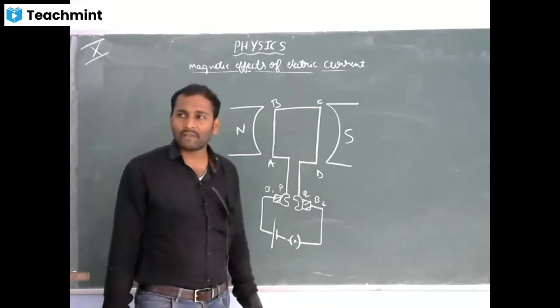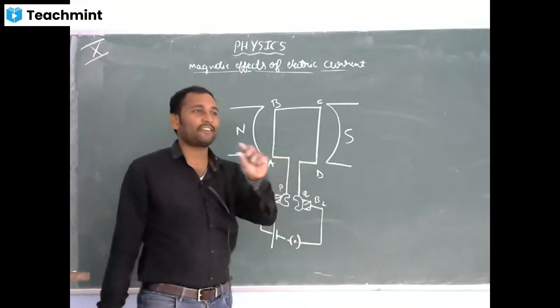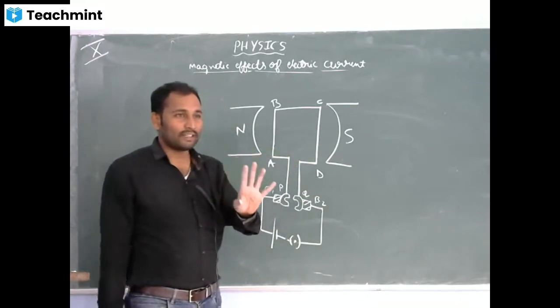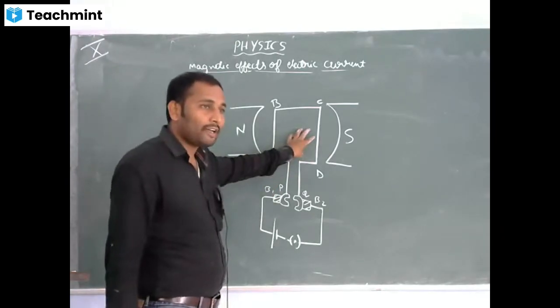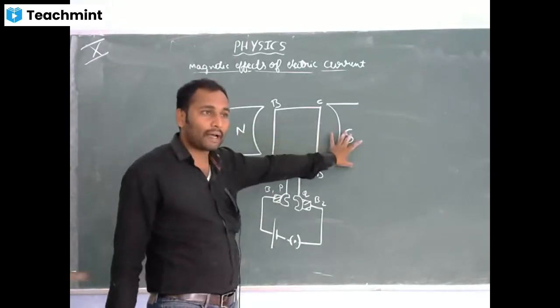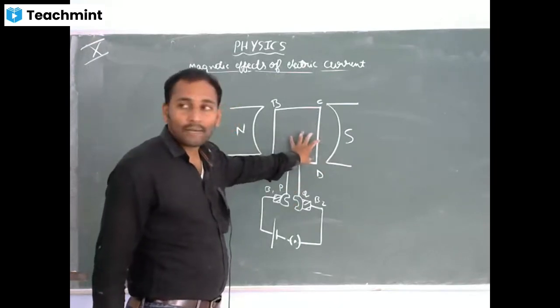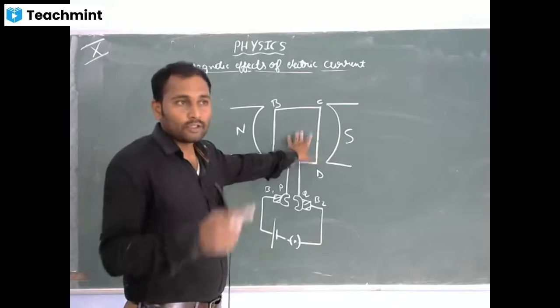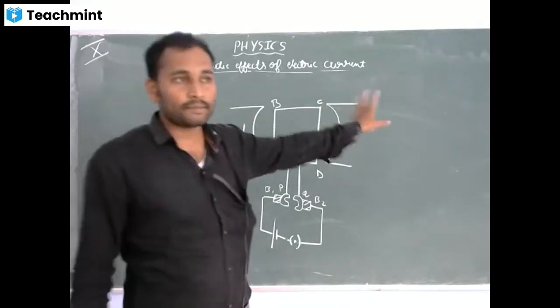So you always go with the small one, magnetic effect of electric current. Never go with that. So remember, when an armature coil is placed between two powerful magnets and current is allowed to pass through it, the armature coil will rotate. This is the principle the motor works on. Clear?